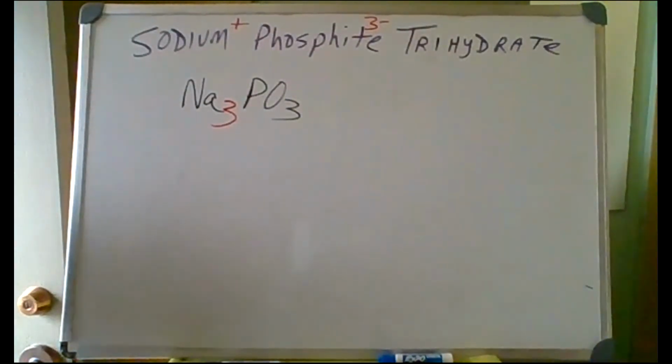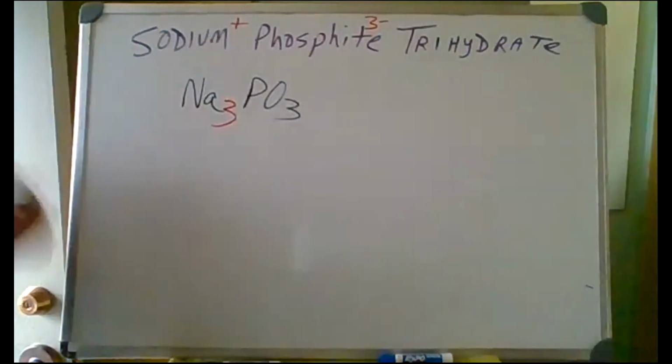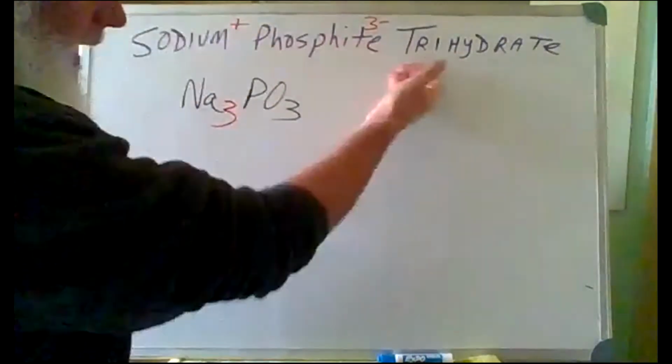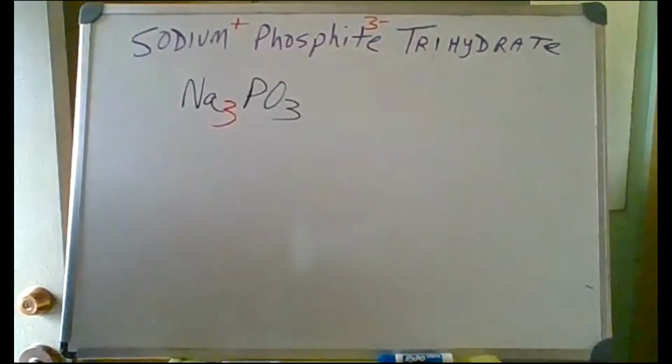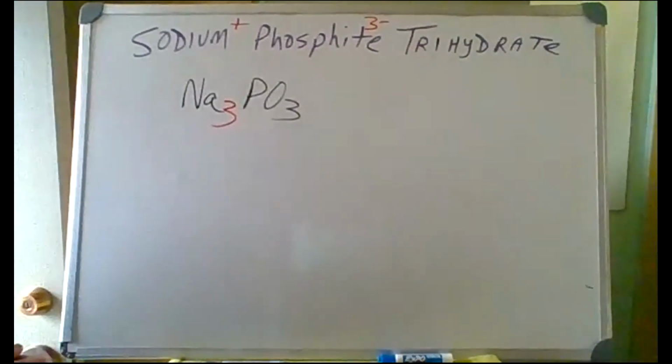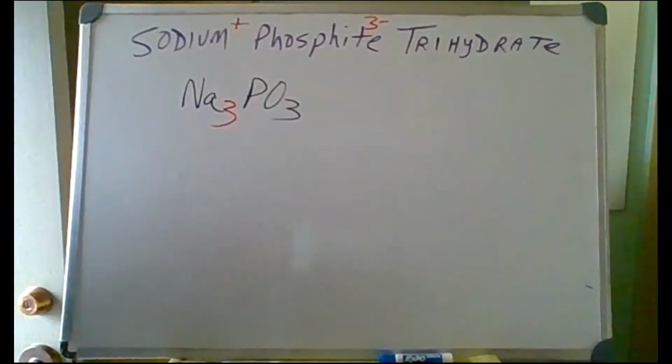Our compound is sodium phosphite trihydrate. Now, this prefix tri means 3. There's 3 sides in a triangle, right?